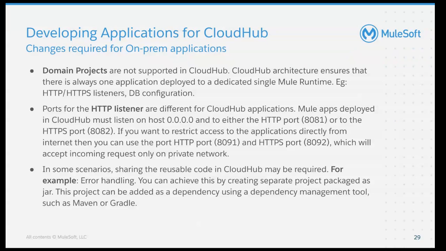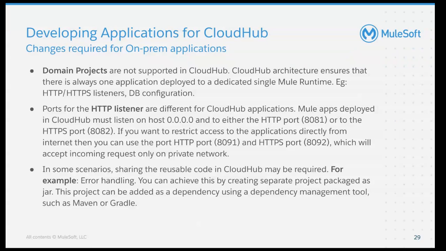So if you're using shared resources such as database connections or HTTP configurations, all those need to be segregated for each application in CloudHub. That's one of the major changes you will need to make when migrating your on-prem applications to CloudHub.